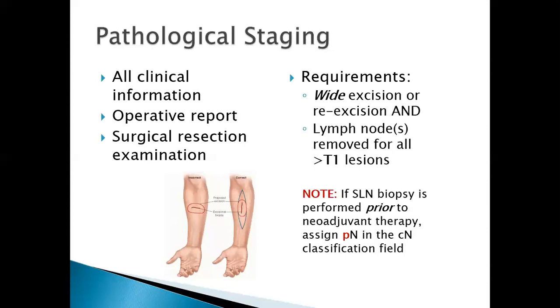If the sentinel lymph node biopsy is done prior to that neoadjuvant therapy, we would assign a pN, whatever category we need to assign for our N category, in the cN, the clinical classification field. So here is a situation where we can actually use a pN in the cN category.